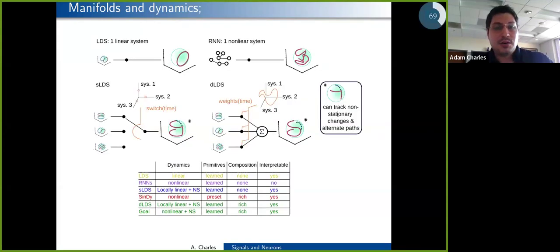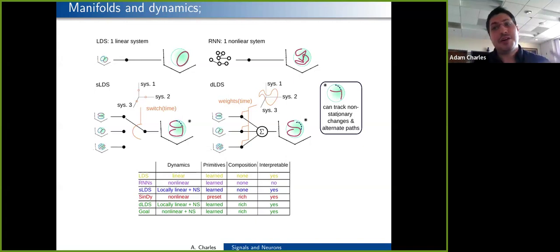So I think this points to something that has bothered me, which is if you look at the space of dynamical systems that have been applied to neuroscience, they're either linear dynamical systems, which have gotten us very far and have been very inspirational, but essentially treat the entire system as one linear system. So very interpretable in terms of the interactions of cells with each other, not very expressive in terms of the systems it can capture.